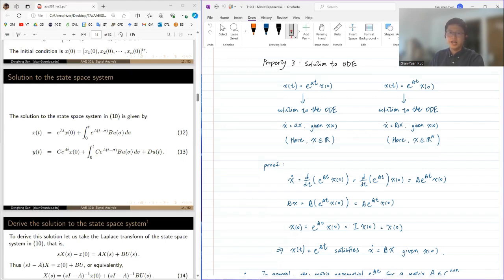Last, we look at x of 0. We see that it is equal to the initial state x of 0. Therefore, we can conclude that x of t equals the matrix exponential e to the A times t times x of 0 is the solution to the system of first order differential equations x dot equals Ax with initial state x of 0.